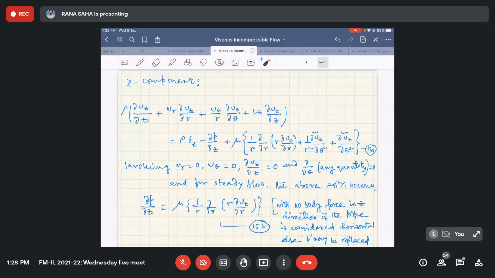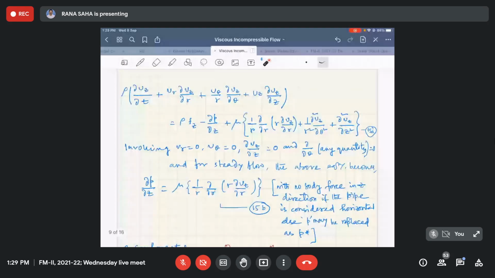Ultimately, here you can see, there is no body force term, of course, if the axis is horizontal. So that is another important condition. If the axis is horizontal, or we can say the pipe is horizontal, then this body force term, that is rho Fz, won't be there.